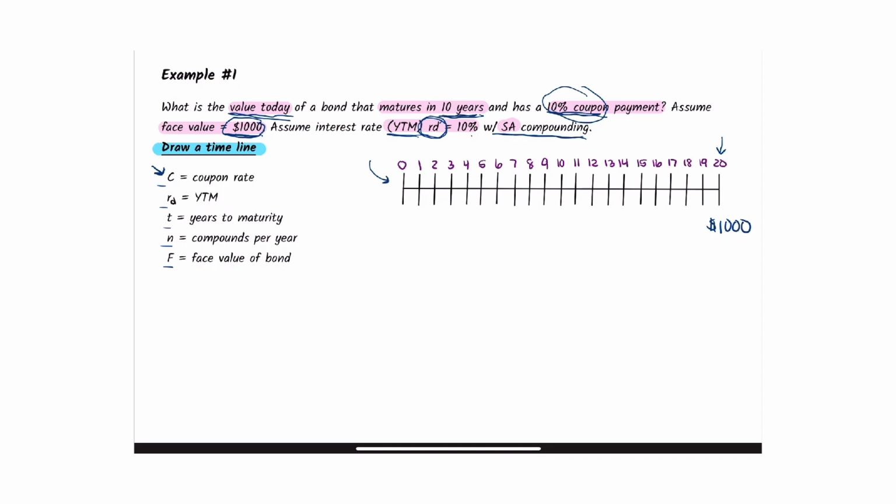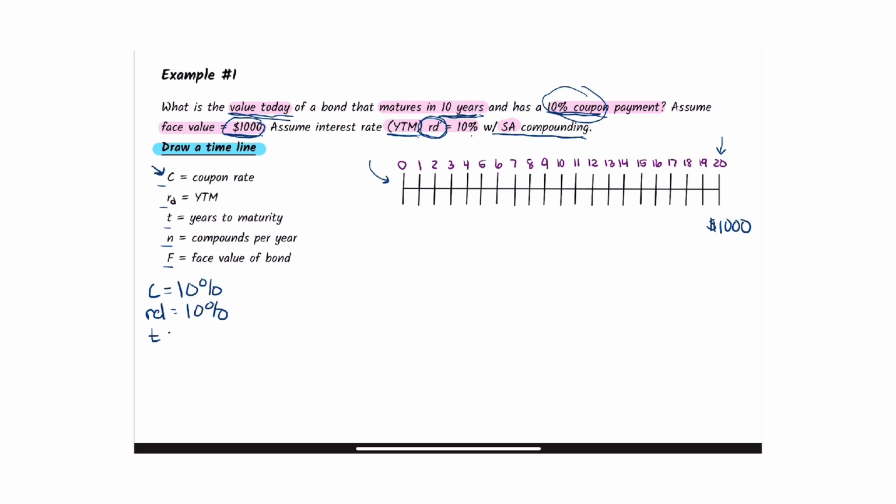So we have our coupon rate, which is 10%, and that's how much the buyer gets periodically in terms of the coupon value. The RD, or the yield to maturity, is also 10%.